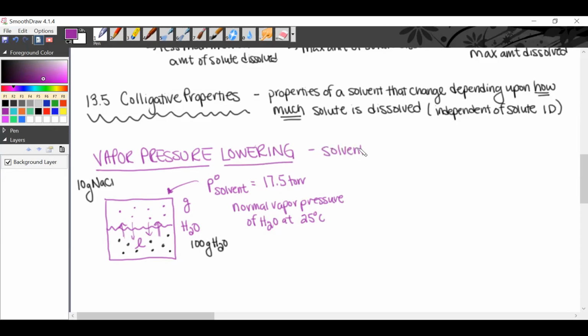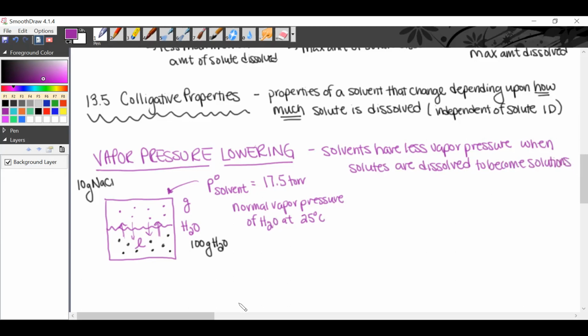Solvents have less vapor pressure when solutes are dissolved to become solutions.